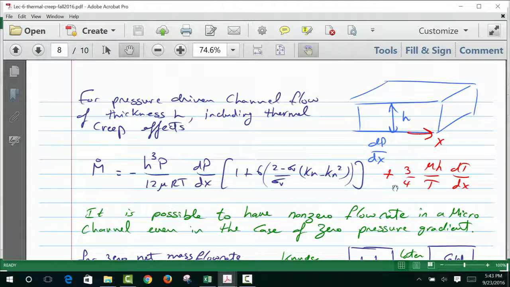The thermal creep, or the temperature-induced flow, is m dot is plus partial T partial x. Does this make sense? That for m dot to be plus, partial T partial x should be plus. So what does it mean that partial T partial x is plus 7?